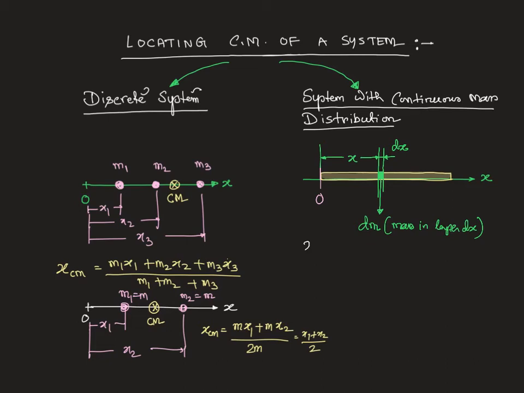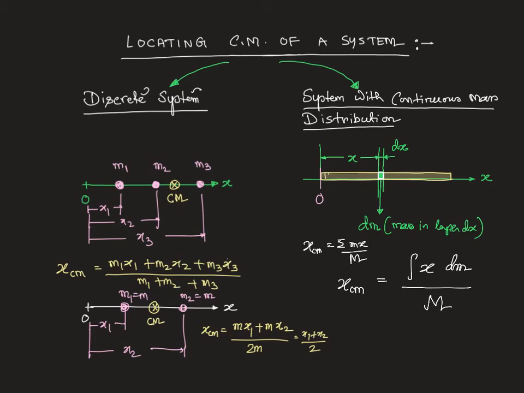So actually what is xcm? xcm is summation of mx divided by m. For a continuous mass distribution, xcm is integration of x dm. These small masses are like m1, m2, m3; these are dm. So xcm is integral x dm divided by total mass m, and you have to substitute with proper limits.